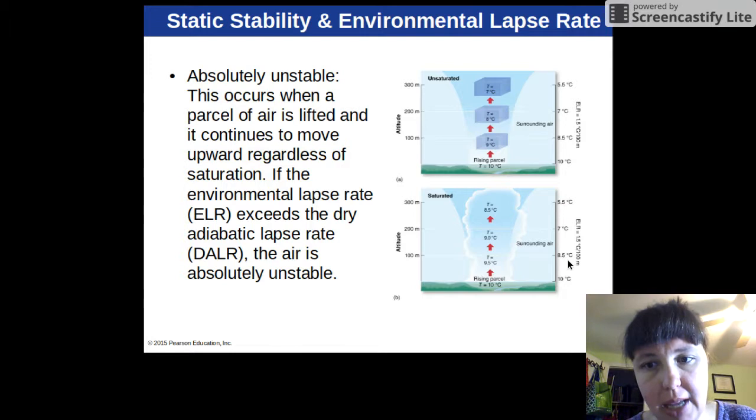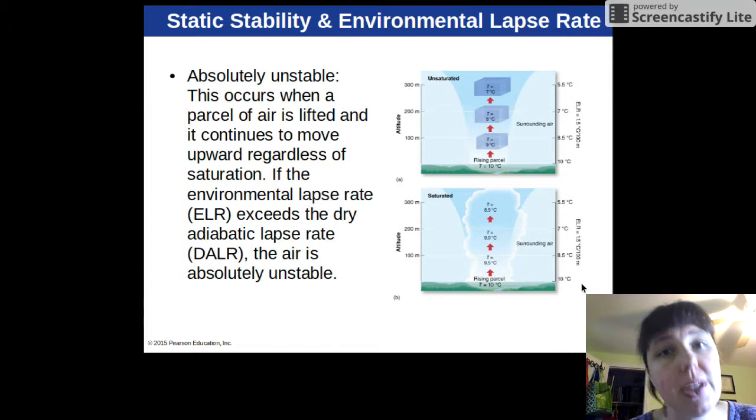It is 8.5. Now notice over here you see the abbreviation ELR. This will help you read these charts because you're going to be expected to do this for some of the coursework in the labs. ELR stands for environmental lapse rate. The environmental lapse rate is the stagnant air around it, and it's telling you that the rate of cooling is 1.5 degrees Celsius every 100 meters.